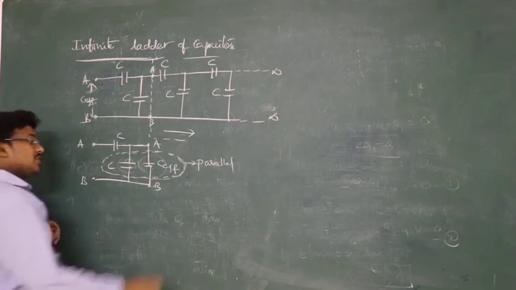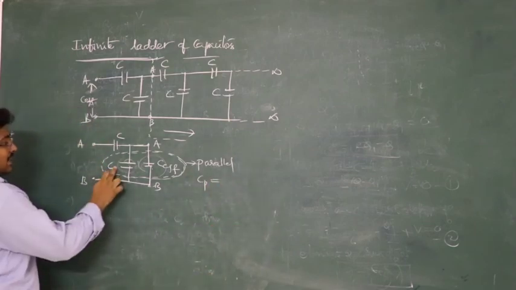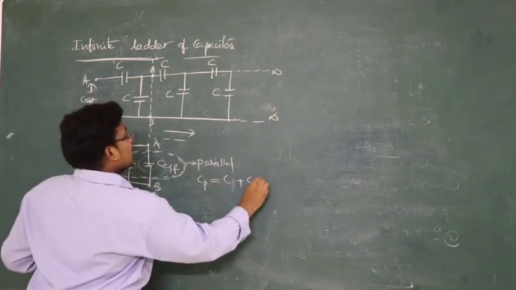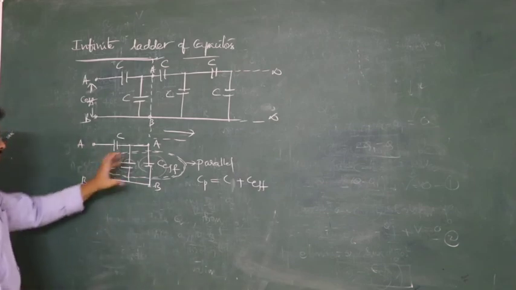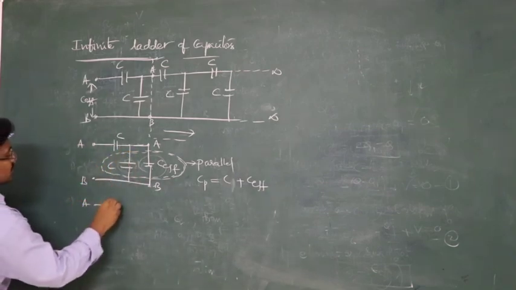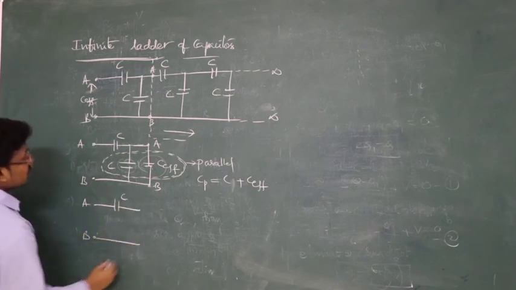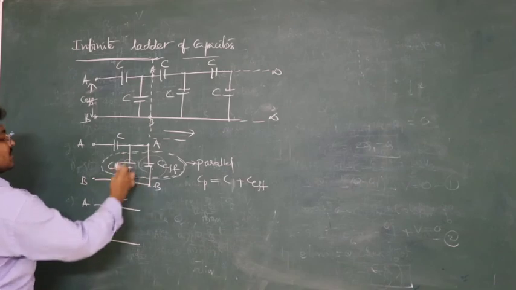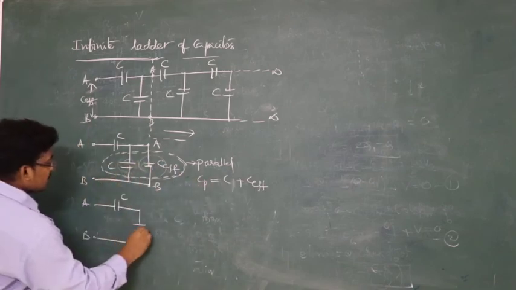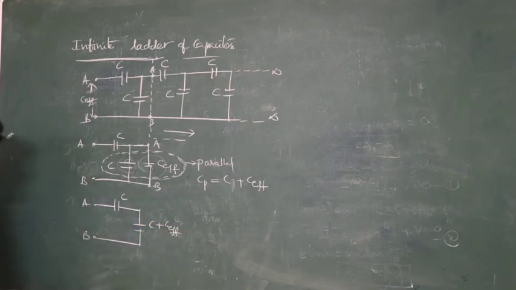In parallel, what is the effective capacitance? In parallel it is the sum of the terms: Cp is equal to C plus C effective. Now I will redraw the circuit. This is A, this is the first capacitor C, and this is B. In place of these two capacitors, I write Cp, which has the value C plus C effective.